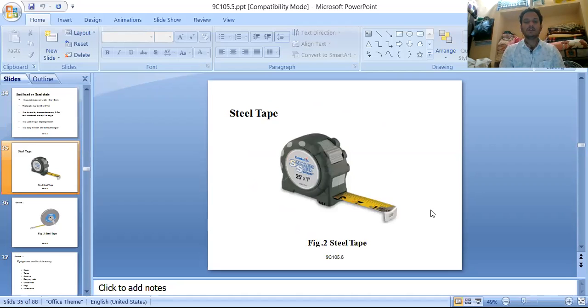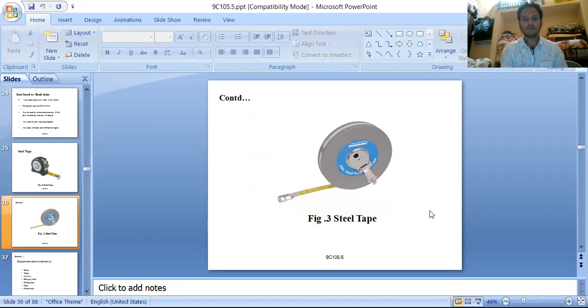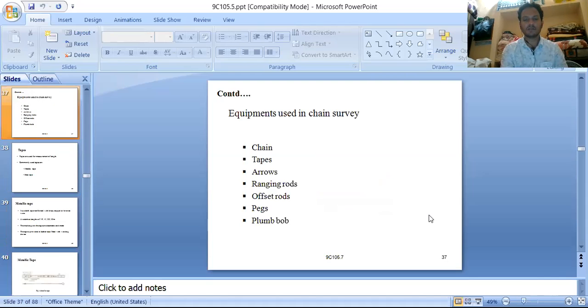This is steel tape, which you will come across many times. This is also steel tape. It is different from the previous one. As we have already discussed, the different equipment used in chain survey are chain, tape, arrow, ranging rods, offset rods, pegs, and so on.